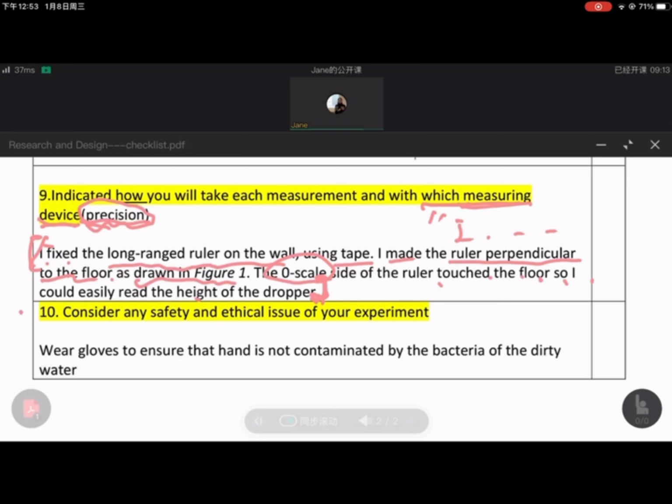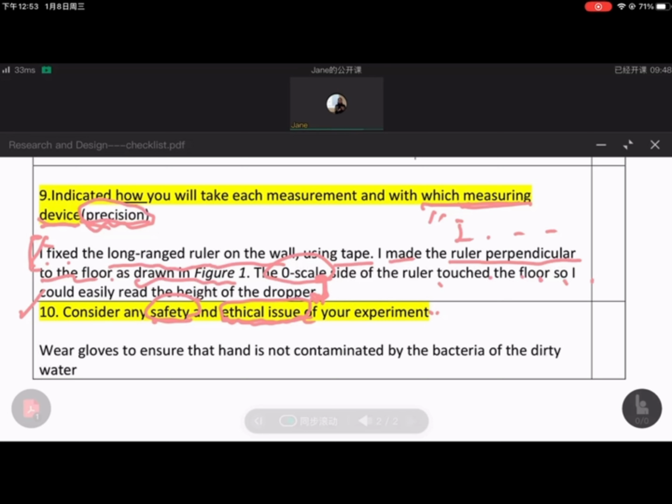Okay, and checkpoint 10, consider any safety and ethical issues of your experiment, especially when you're doing chemistry or biology, and some of the physics experiments might have some safety issues, right? So you can always think about safety and ethical issues of your experiment, but you need to include this in your report.